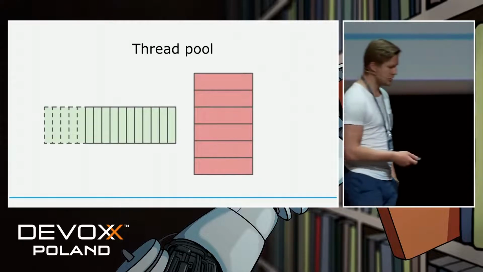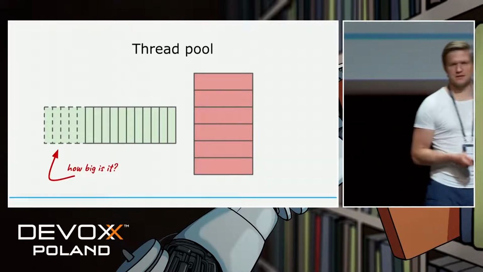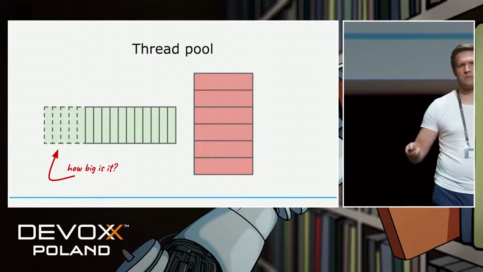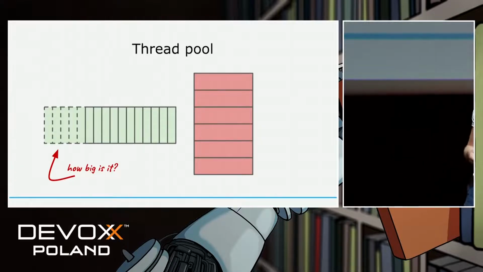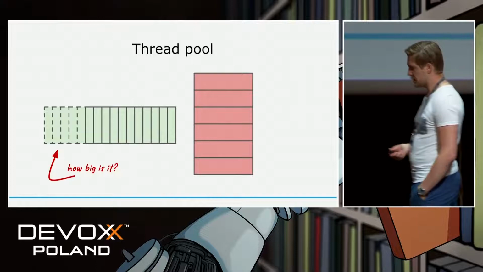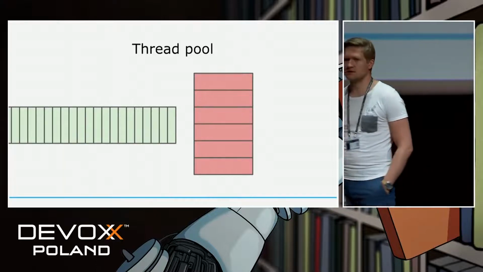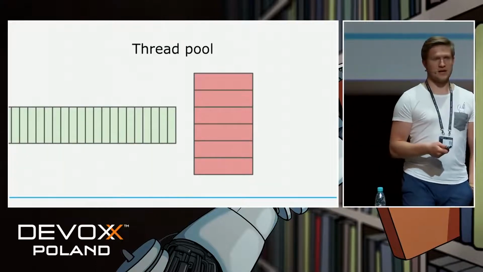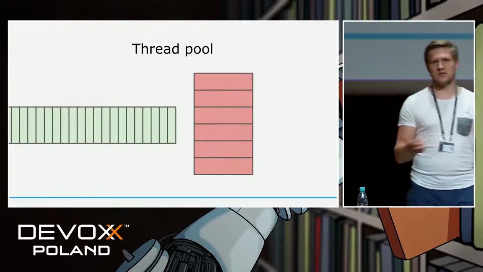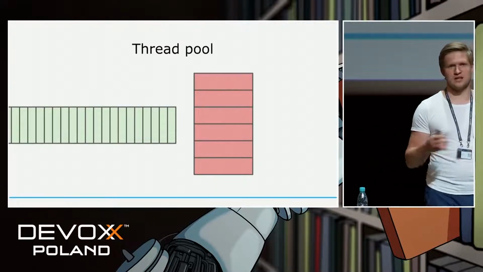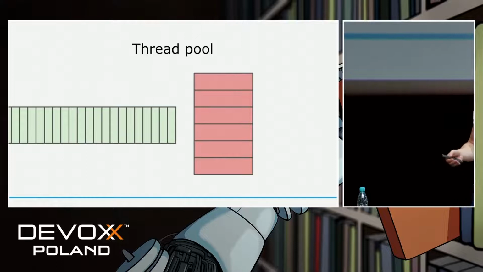The only question is, how big is this queue? How many tasks can you actually store in this queue? And the sad answer is that by default, it's infinite. And by infinite, I mean it will overflow your memory and your app is going to die. So this is what infinity means.